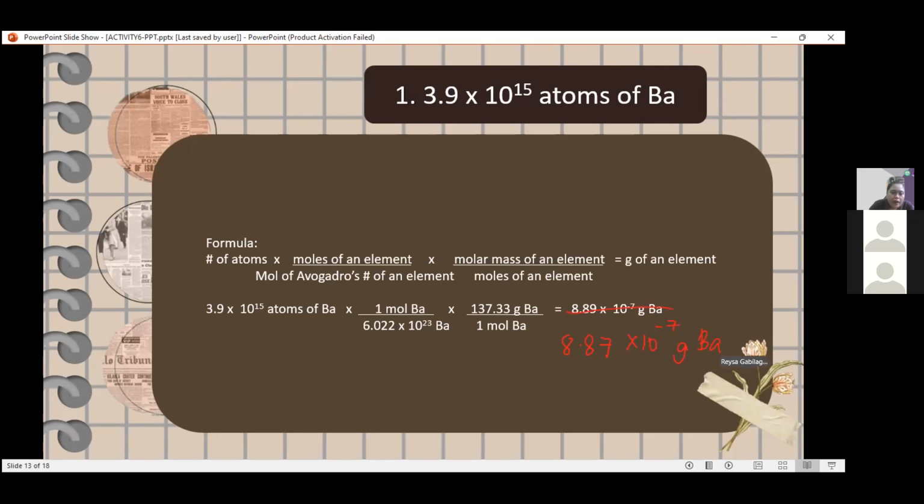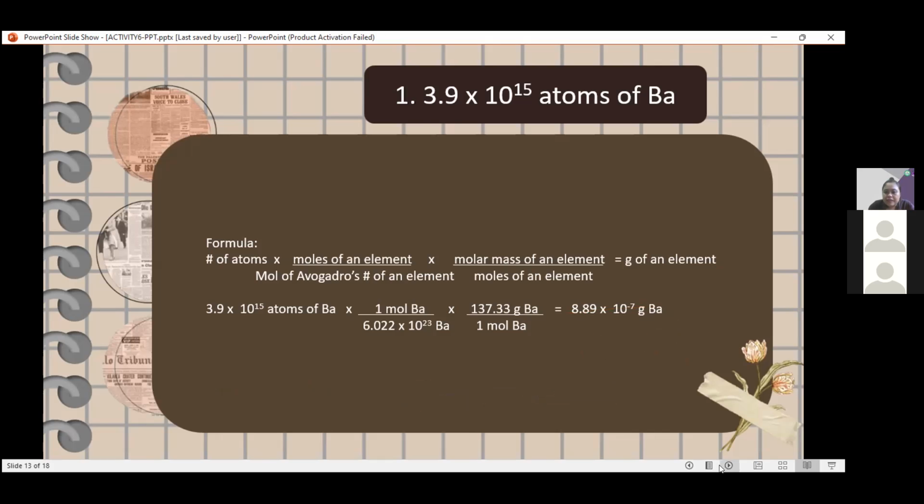So again, our pattern here, the number of atoms multiplied sa isang mole ng substance, meron 6.0221 times 10 raised to the power of 23 atoms. And then to get the number of grams, do not forget to multiply it sa atomic weight niya. Atomic weight ng element. So again, for number 1, we have 8.87 times 10 raised to the power of -7.